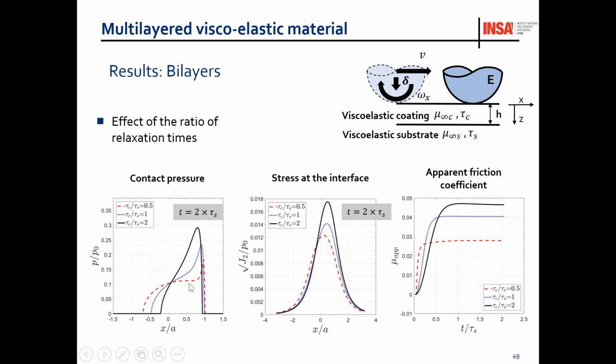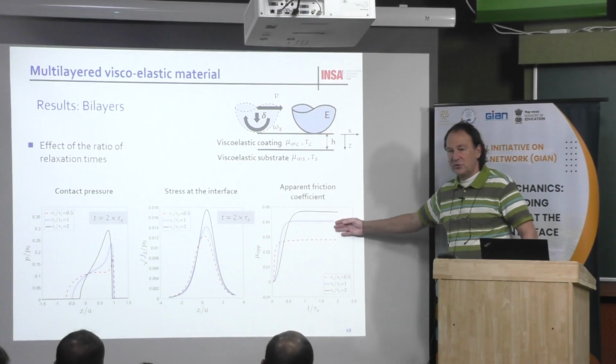And the opposite, it is decreasing when it is softer, when it is half of the relaxation time of the substrate. Again, here this is von Mises stress. Then the most critical situation is when the coating has a relaxation time 2 times higher than the substrate. And you can see here this time a very strong influence on the apparent friction coefficient.